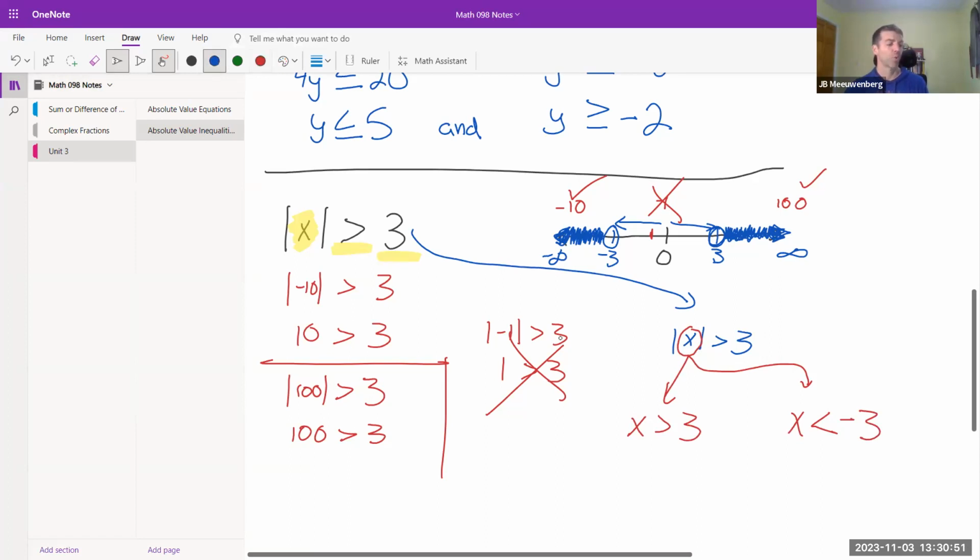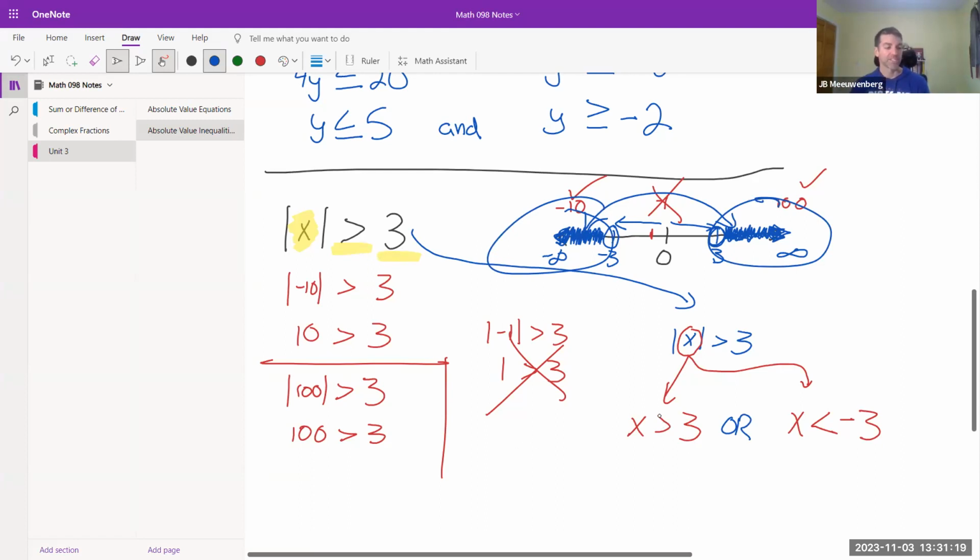Now, there's an important word that goes between these 2 statements, but it's not the word and. It's going to be the word or. Why? Because these 2 shaded areas are separate from each other. They don't overlap. Our solutions can come from down here, or they can come from up there. We only have to find a single number that makes one of those true.